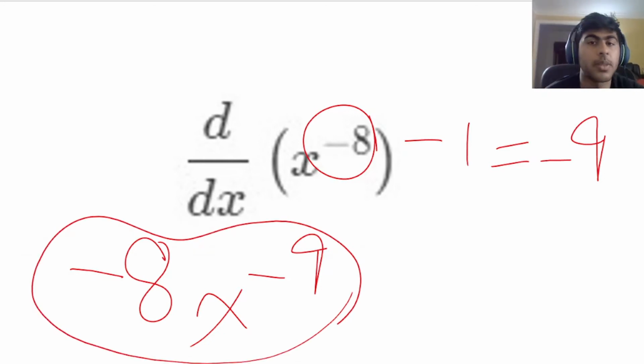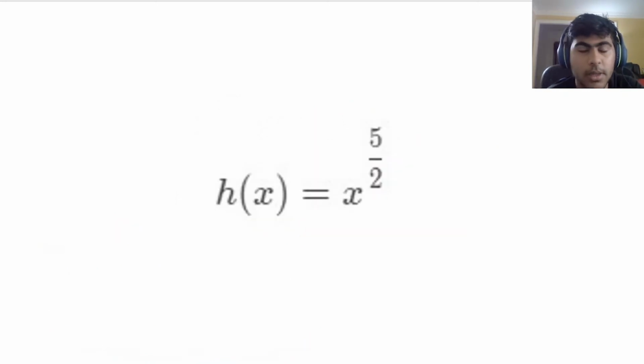Make sure when you're dealing with negative exponents, you always clarify which direction the exponent goes in, right? You might be tempted to say negative 8 times x to the negative 7. It makes intuitive sense if it was positive, not if it's negative, so don't do that. But yeah, it's just another application of the same concept. It also works for negative exponents, and as we'll see, works for all exponents.